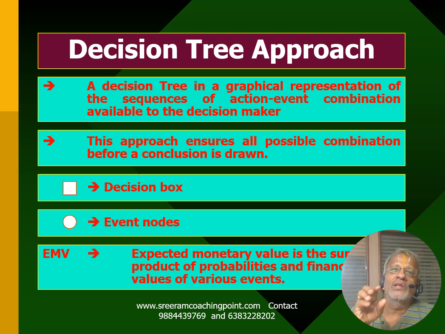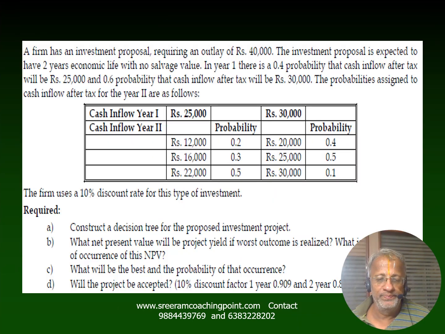Whenever you find the term expected, we will always have probability associated with the events, and events will have financial values. So you will have probability, you will have financial values, and the product of that we have to take, and the sum of the products is what we will arrive at as the final answer. In the majority of cases involving capital budgeting, that could be your net present value.